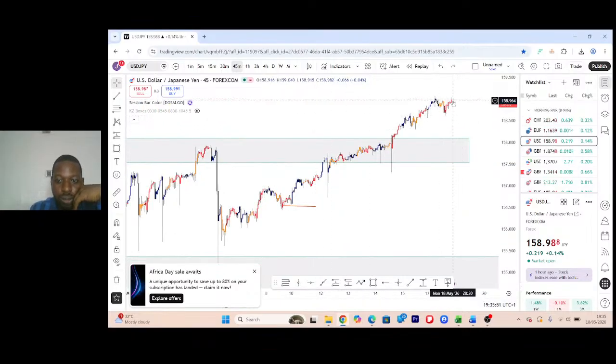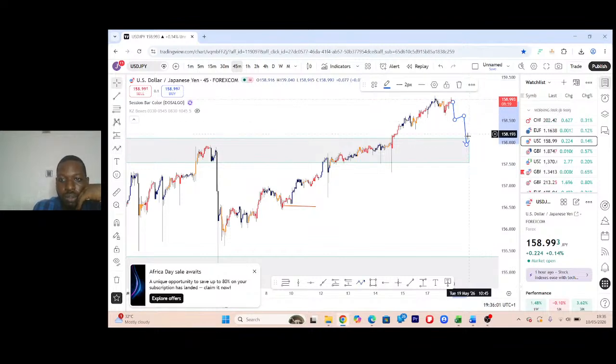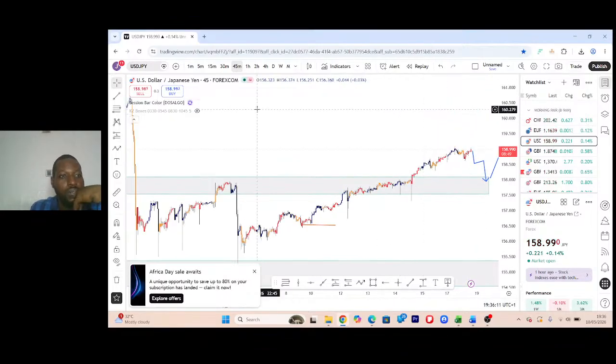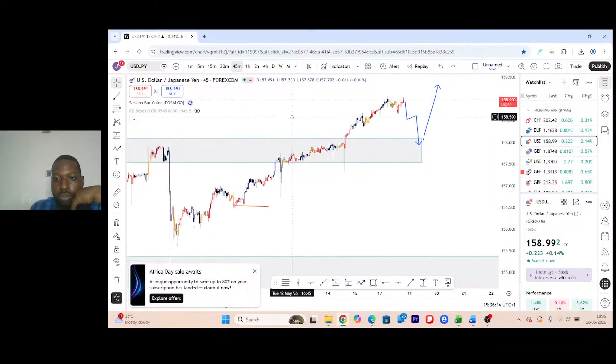Then it's going to come down here, before it finally continues moving up in its intended direction. So USDJPY is actually going to buy.